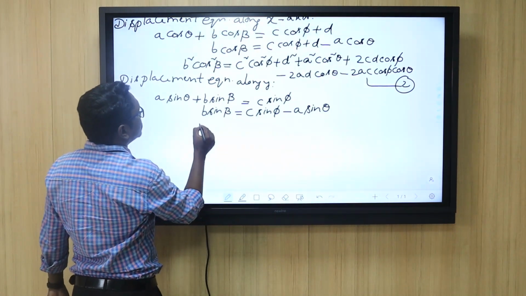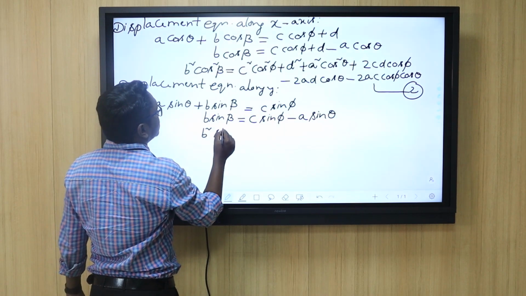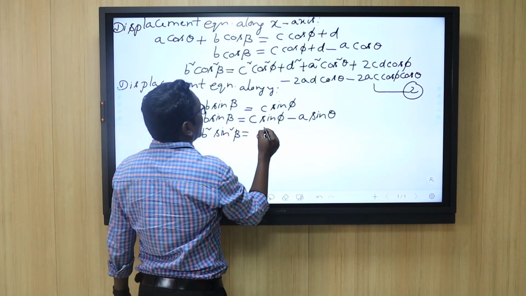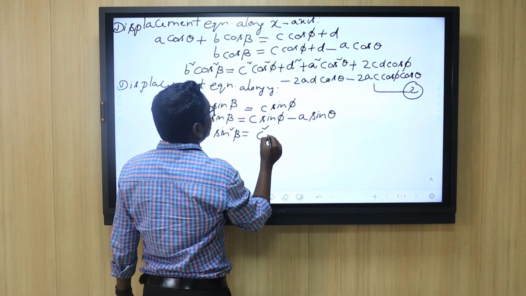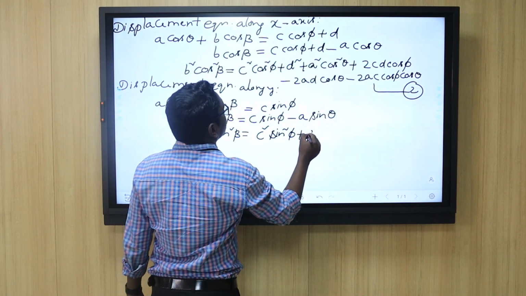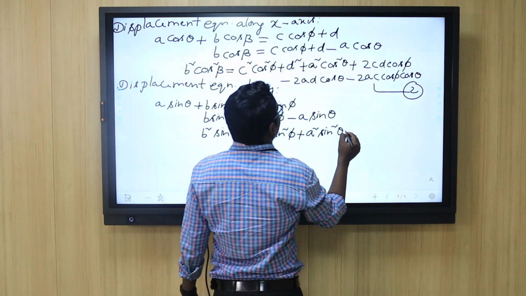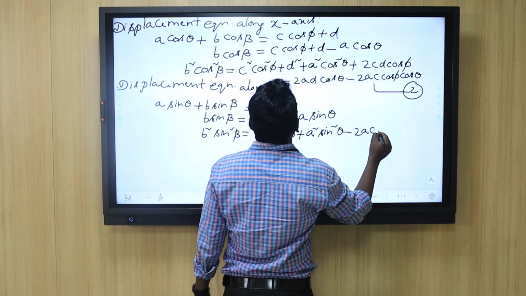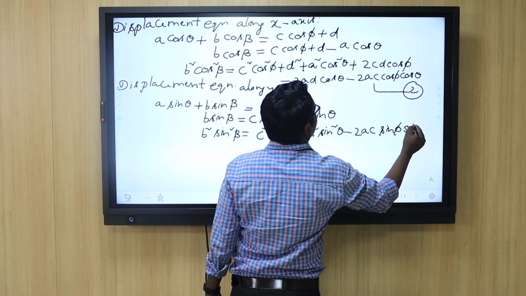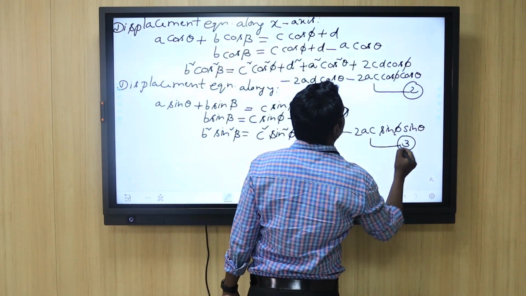Now squaring on both sides, b square sin square beta is equal to, using the a minus b whole square formula, c square sin square phi plus a square sin square theta minus 2ac sin phi sin theta. Let us consider this as the third equation.